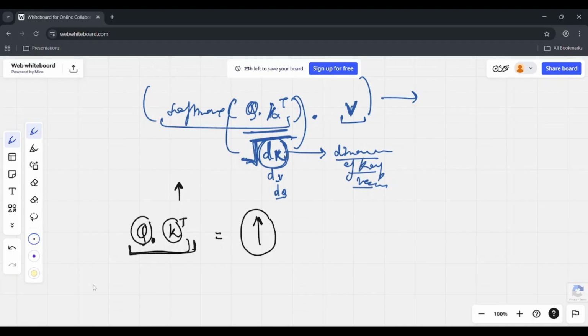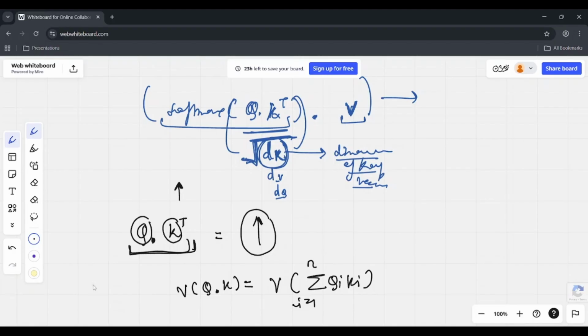This means that if I find out the variance of vector q and k, the dot product of q and k, then what will that be? That will be something like the variance of this, right?